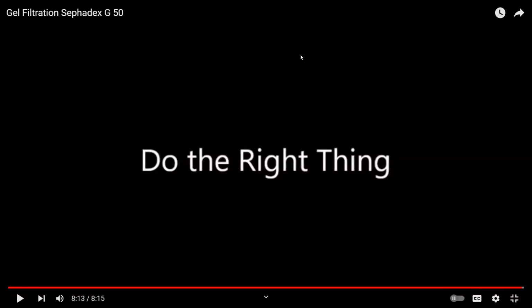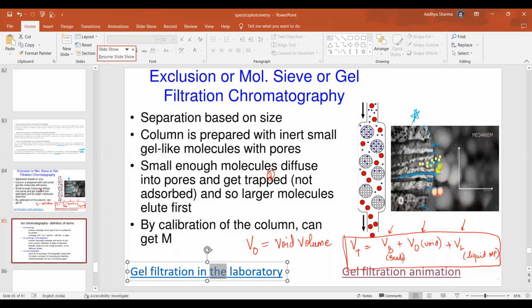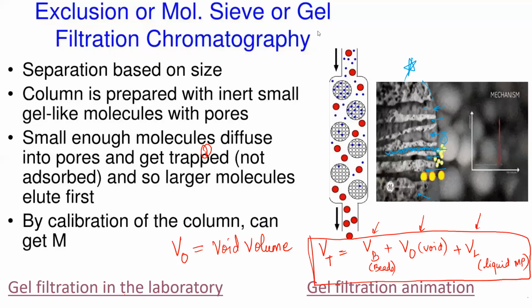Okay, so any doubts here in gel exclusion chromatography? Have you all understood everything? So what is the basis on which gel filtration works?